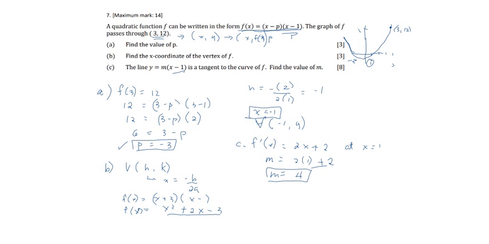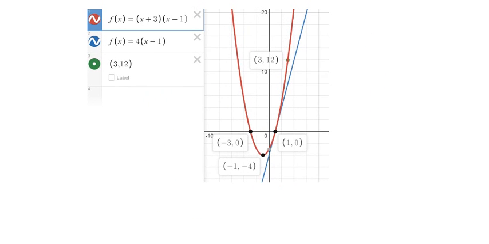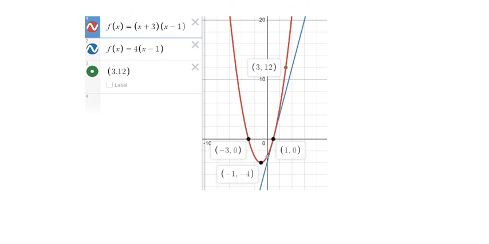How correct is this answer? Let me show you the graph of this function. The parabola is the red one, f of x equals (x plus 3)(x minus 1).